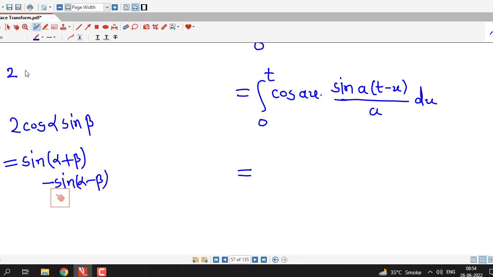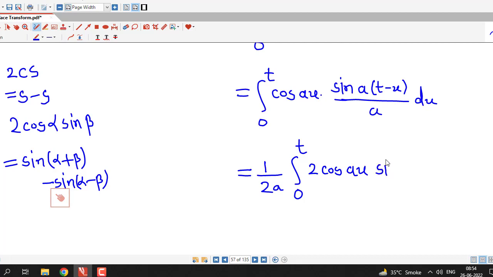So we can remember this formula as 2 cos sin equal to sin minus sin, and we have to adjust these two also, and this 1 by a is independent of u, that we can take outside. So we rewrite this as, first we rewrite in this way, 2 cos au into we multiply t minus u by a, so that we have sine of at minus au. Integral is with respect to u.